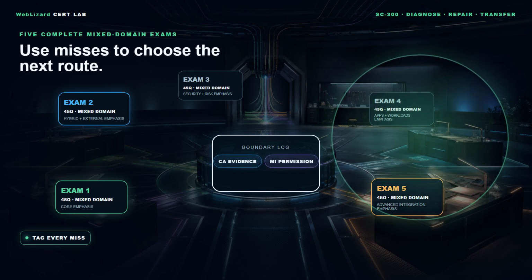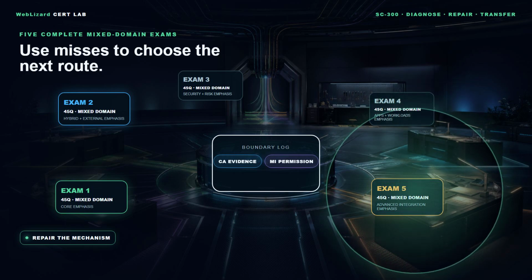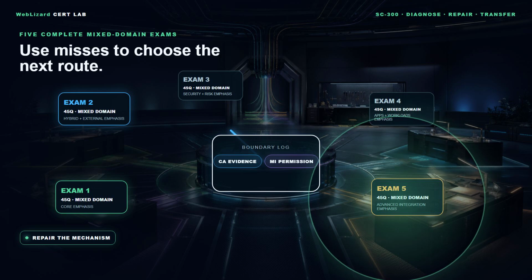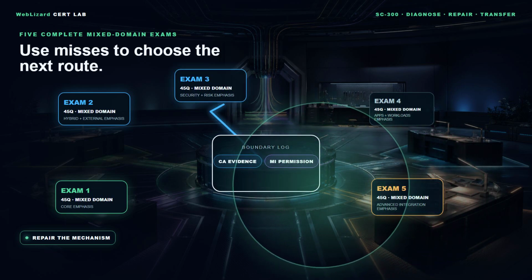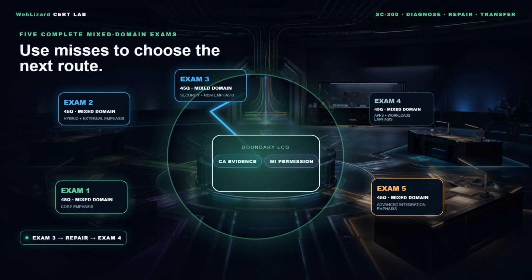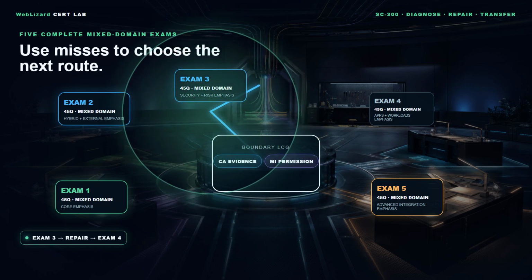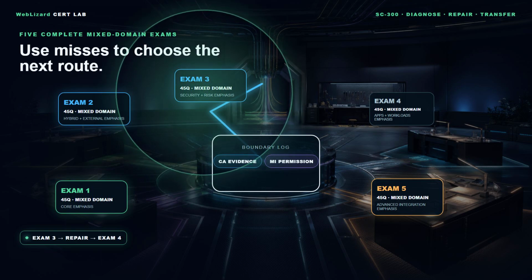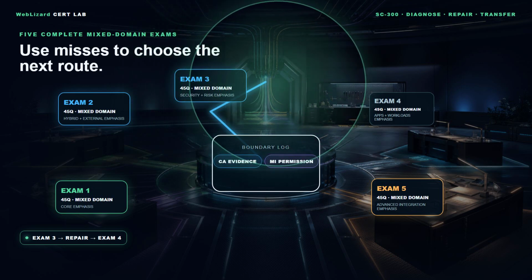Repair the mechanism, then prove it in a changed scenario. If misses cluster around conditional access evidence and managed identity permissions, route through exam 3, repair, exam 4, then cross-domain transfer. 5 exams give you 225 original practice decisions. Not a dump, fixed form prediction, or score guarantee, but evidence about how you reason.